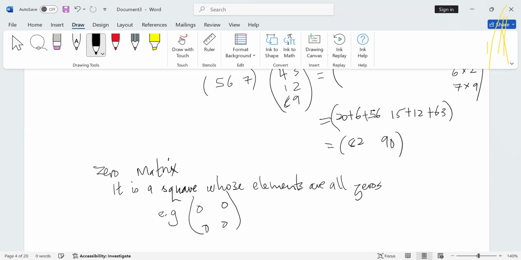Any matrix you multiply with a zero matrix, you get a zero matrix. A matrix multiplied by a zero matrix is equal to a zero matrix.